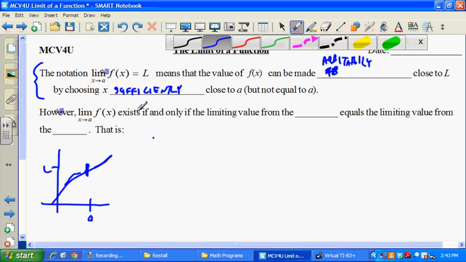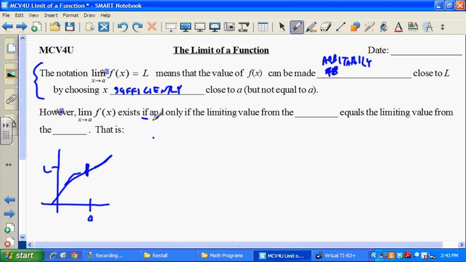So let me just fill in these blanks, and we'll hopefully get onto an example that will help. The limit as x approaches a of f at x exists if and only if, and that means something important in math that we'll talk about somewhere along the line, the limiting value from the left equals the limiting value from the right.